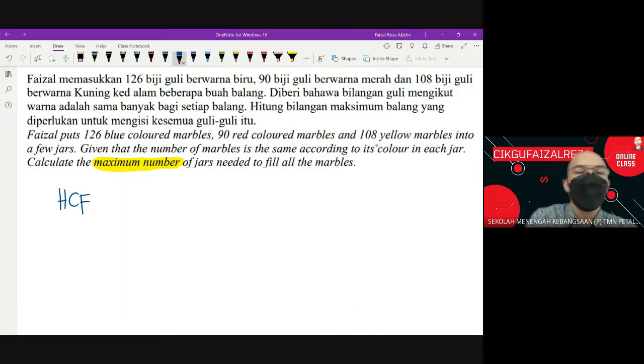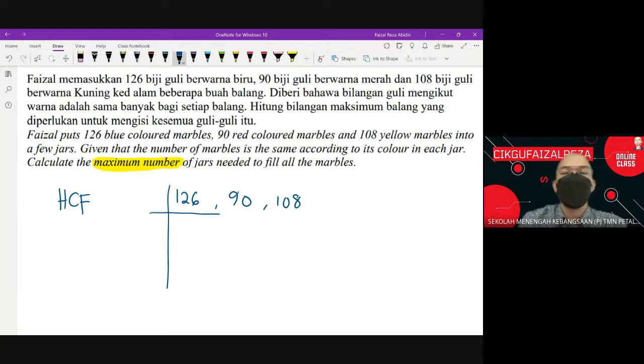First, 126 of blue colored marbles, 90 red colored marbles, and 108 yellow marbles. So I'm going to find one number that are going to satisfy 3 of our number over there. So we start with 2. 63. This is going to be 45. And this is going to be 54.